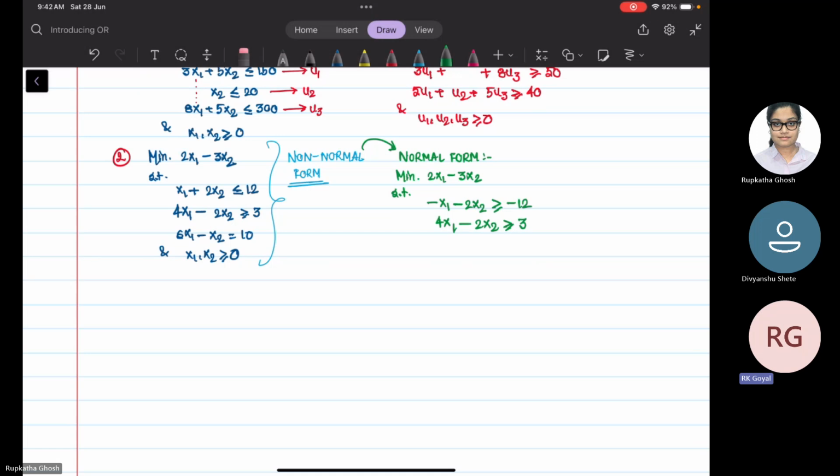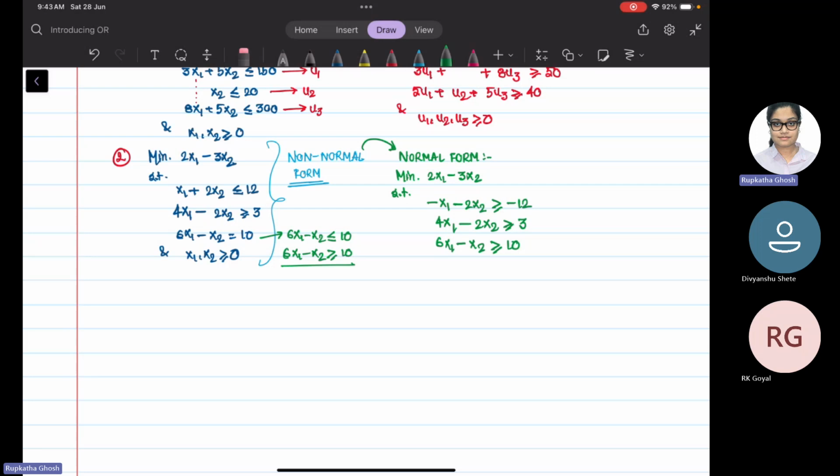This is both less than and greater than, equal. So one is less than, which you can write as 6x1 minus x2 less than or equal to 10. Another is 6x1 minus x2 greater than or equal to 10, right? One is in normal form, so I can write 6x1 minus x2 greater than or equal to 10.